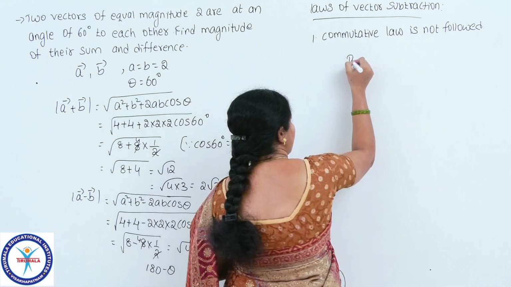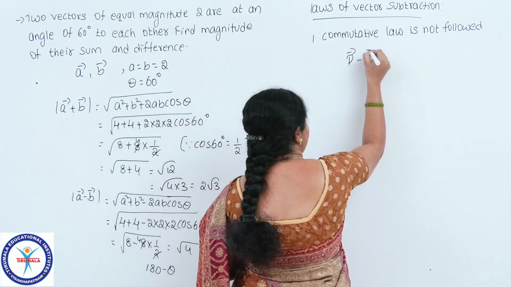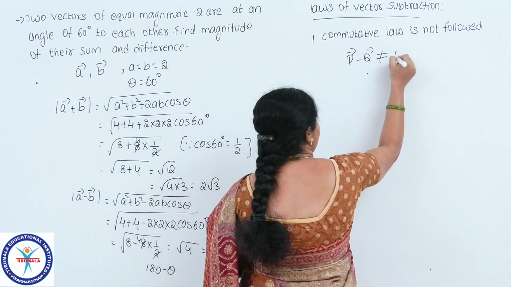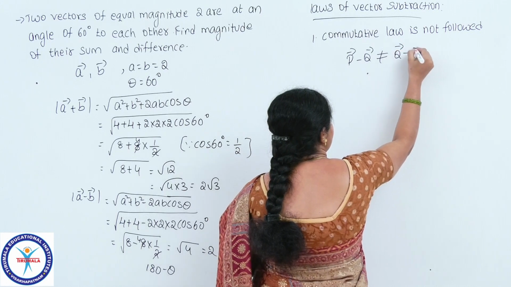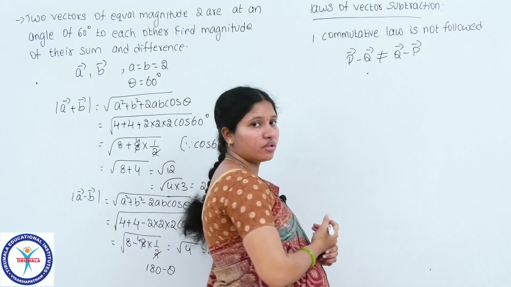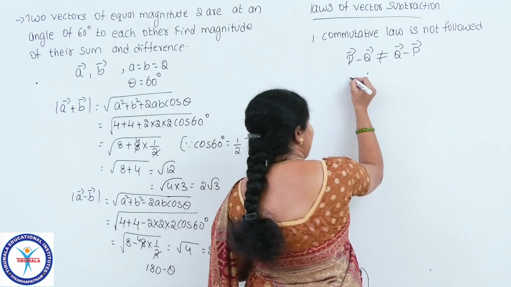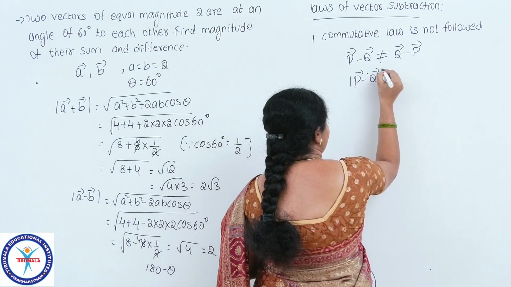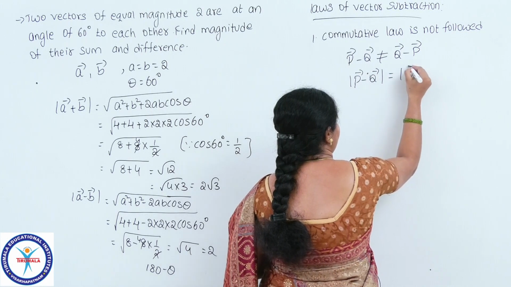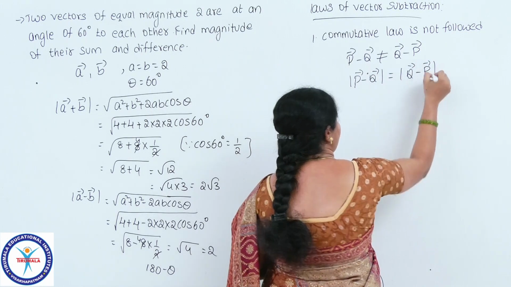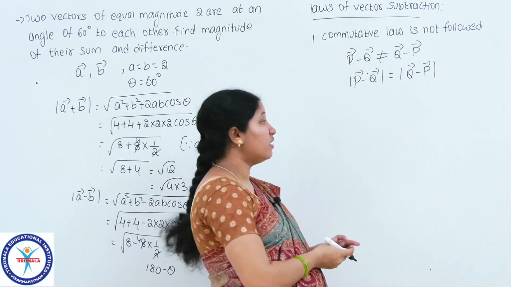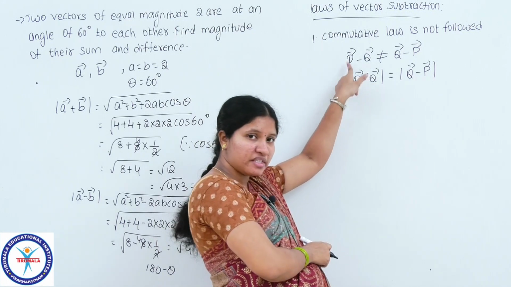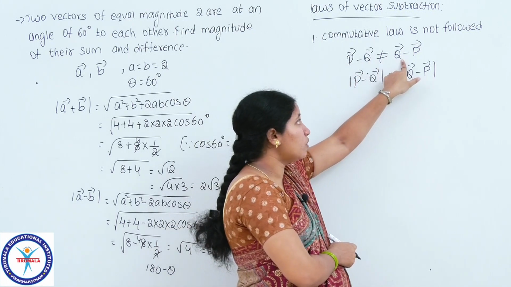So P bar minus Q bar is not equivalent to Q bar minus P bar. We can write their magnitudes can be equal, but we cannot write in vector form that P bar minus Q bar is equal to Q bar minus P bar.